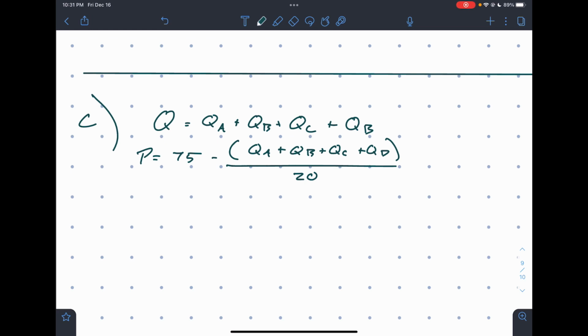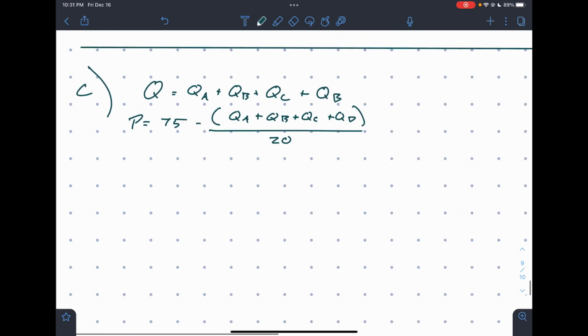One thing that will help here is I'm going to consider the profit function of firm A. I'm going to define Q negative A as QB plus QC plus QD.